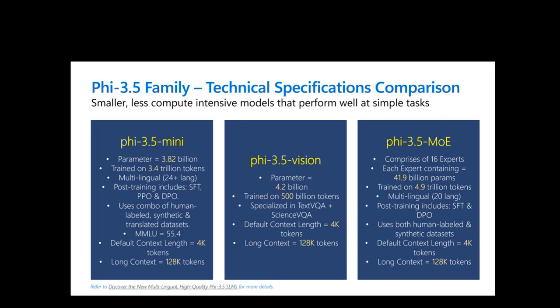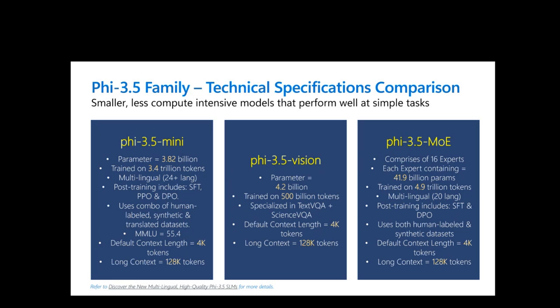It has, of course, undergone pre-training using a multilingual combination of synthetic and high quality filtered data. This is very important. This is one of the fundamental reasons why Phi-3s are so performant. And it has been trained on 3.4 trillion tokens, and around 24 plus languages were included in the training tokens, very important.